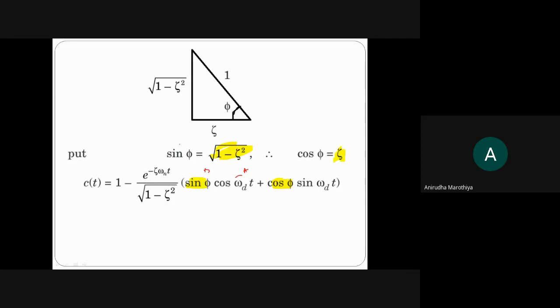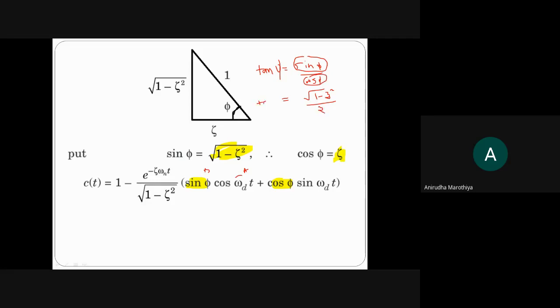Now, before that, please tell me the value of tan phi. Tan phi is nothing but sine by cos, so I can write sin phi divided by cos phi. Correct? Yes sir. Now sin phi is under root 1 minus zeta square, and cos phi is zeta.